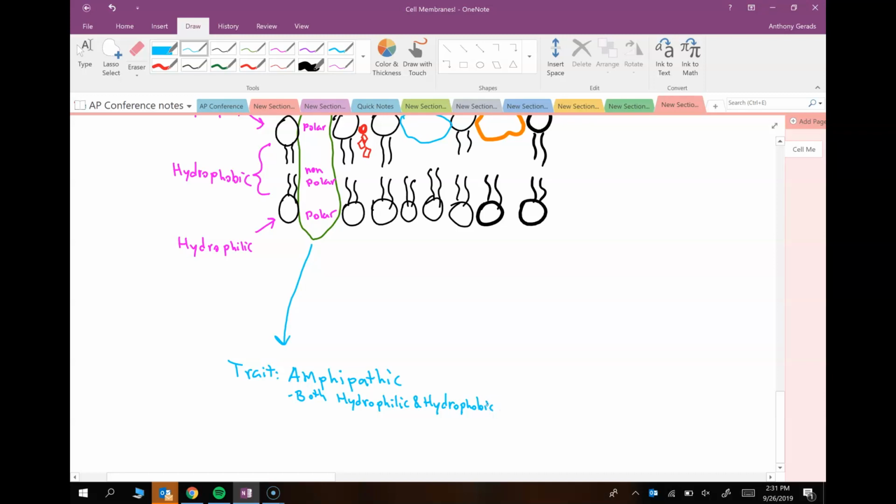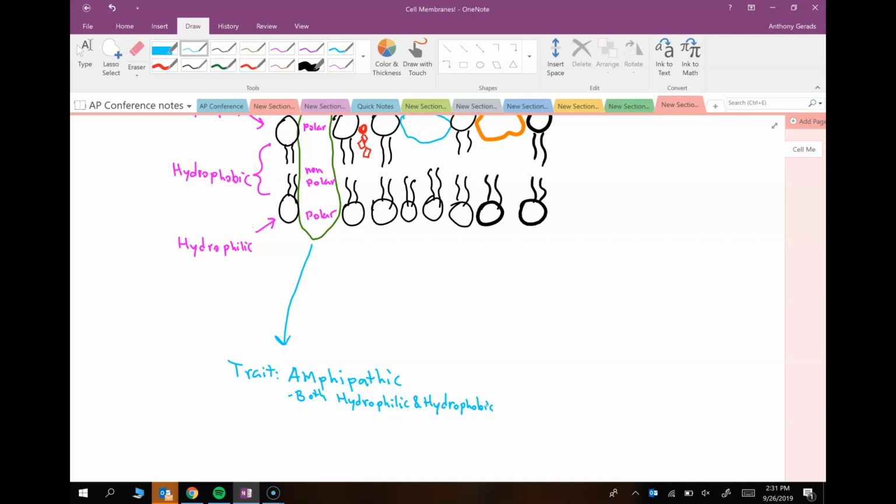Think about when we built a protein out of our pipe cleaner. Proteins were long repeating chains of what? Don't say lipids. Amino acids. And what represented the amino acids? The little beads. Did the beads behave differently? Yeah, they did. Were some of the beads polar? Yeah.